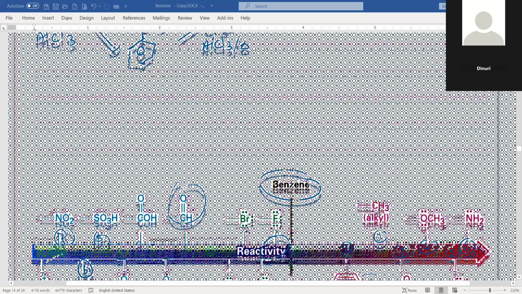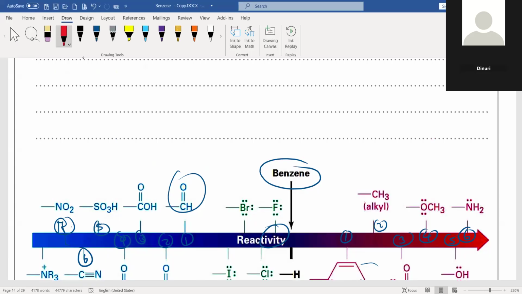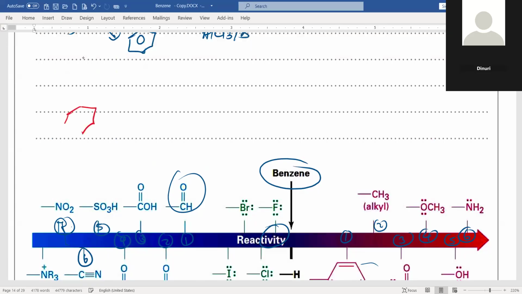Just look at the bond. Say you have this group, no matter whatever the R group means, any alkyl group attached to the benzene ring, it acts as an ortho para director.